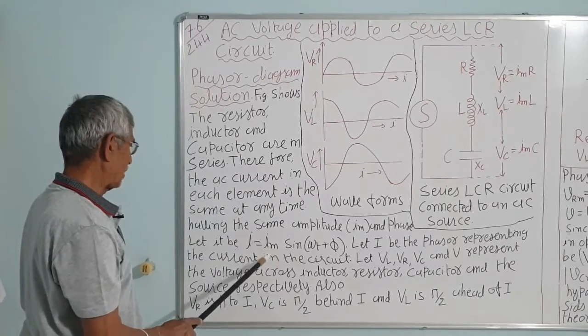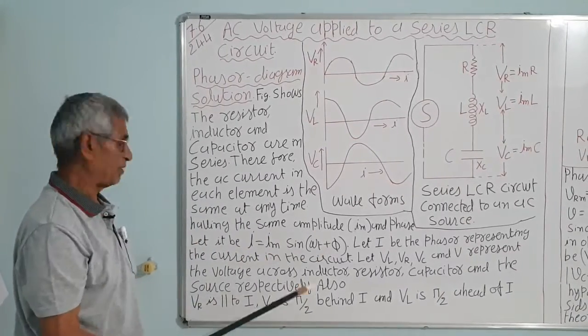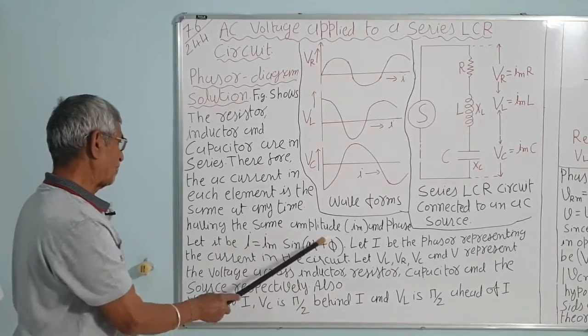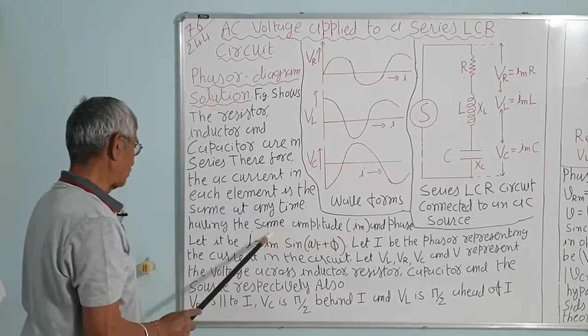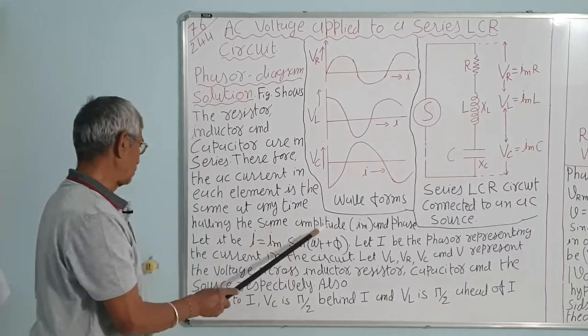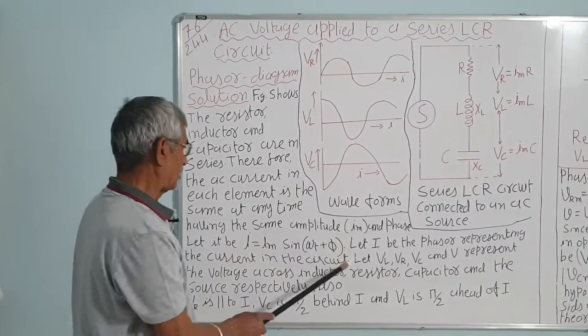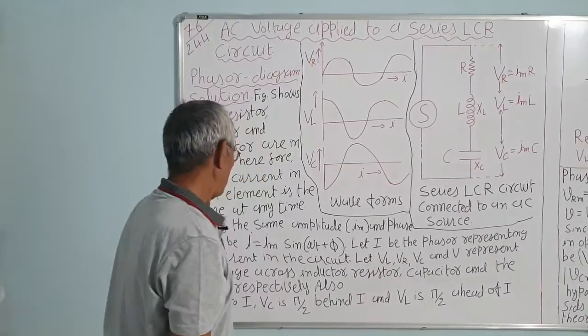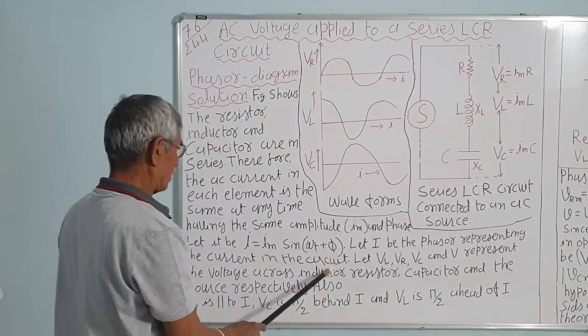I is equal to Im sin omega t plus phi, having the same amplitude Im also, that is, the maximum peak value of the current is also the same. Let I be the phasor representing the current in the circuit.